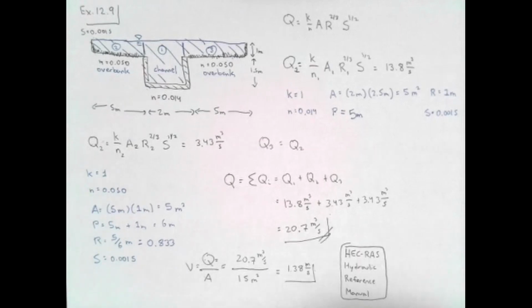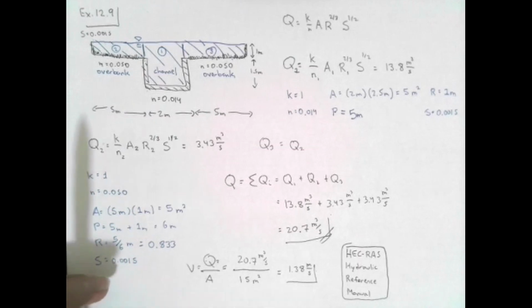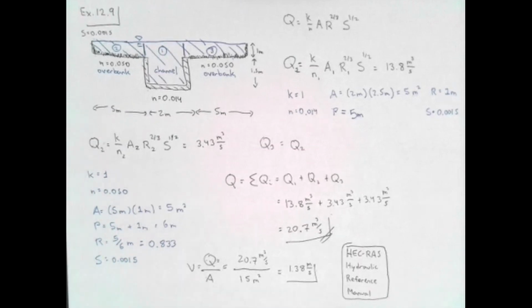Now, the hydraulic reference manual is not really a user manual because it doesn't teach you how to use the program. HEC-RAS has its own user manual, but the hydraulic reference manual tells you how the program calculates its values. And I think it's a very good resource. In fact, you'll see that most water resource engineers cite or reference the hydraulic reference manual because they did the job of compiling together all these different methods for calculating flow rates in open channel flow.